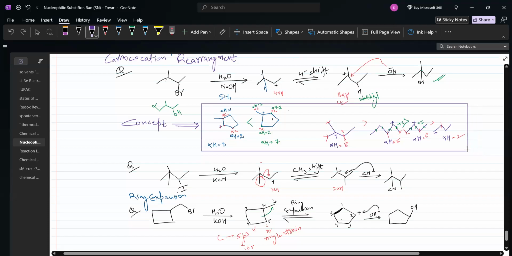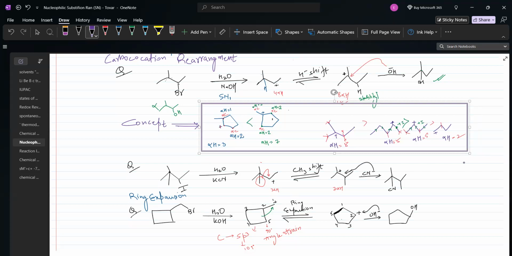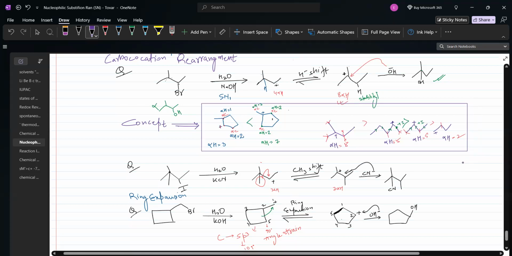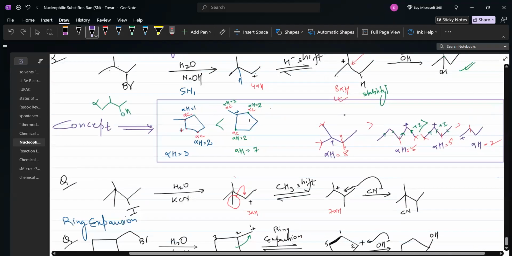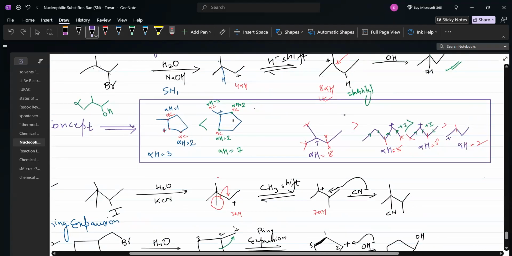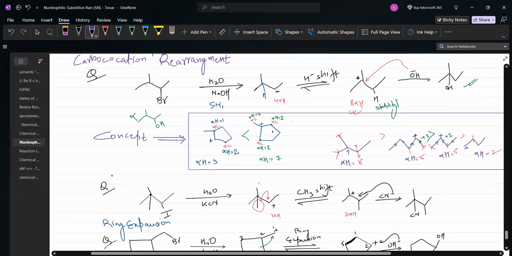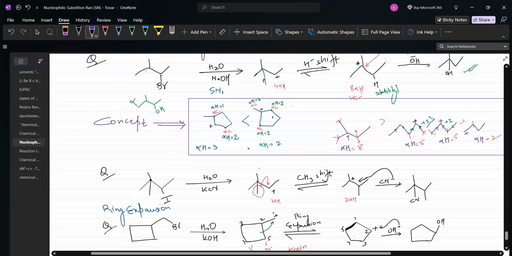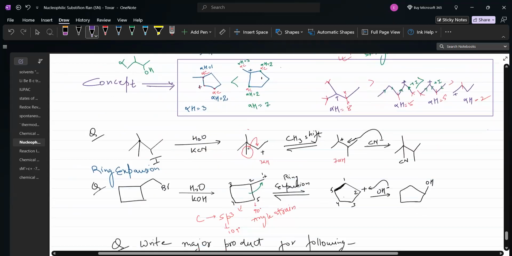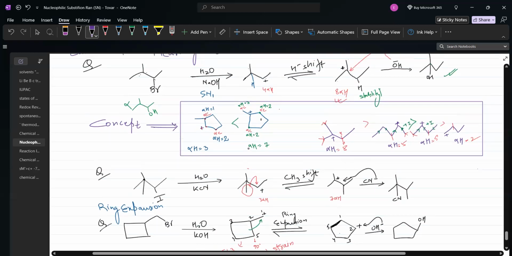You don't have to draw this concept part. Do you know the hyperconjugation effect? Yes, sir. So you don't have to draw this. Just do the above part and the ring expansion, the questions only.